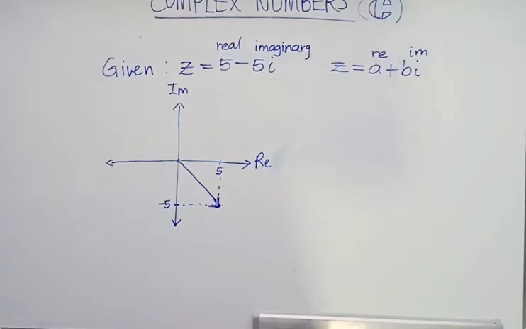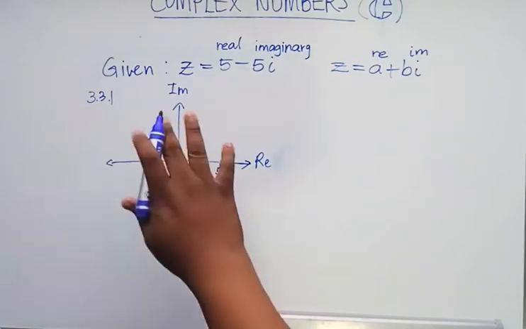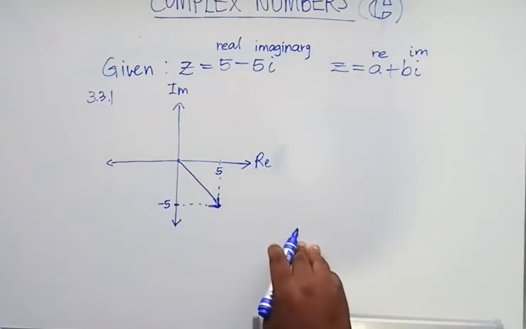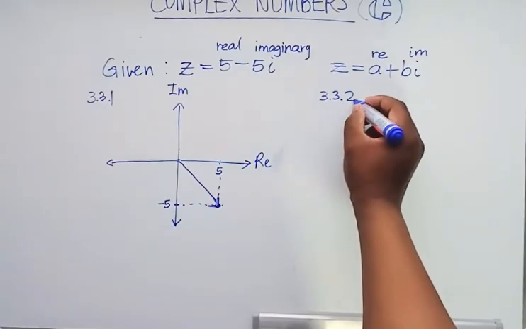We like to call this the Argand diagram. So this was the first question, 3.3.1, where they wanted us to represent this in the complex plane. Because of space, I'll do 3.3.2 here.